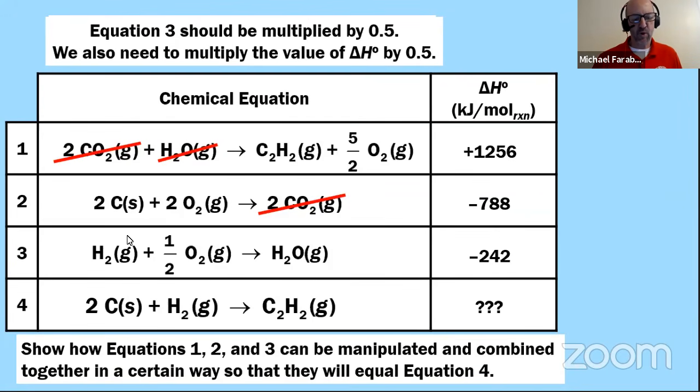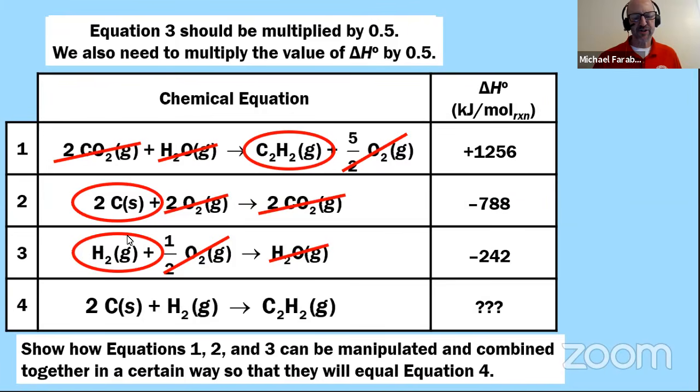I see 1 mole of water and 1 mole of water on opposite sides. I see 2.5, or 5 over 2, moles of oxygen. There's 2 and there's another 1/2. So 2.5 moles of oxygen on opposite sides. But everything else, the 2 moles of carbon, the 1 mole of hydrogen, and the 1 mole of C2H2 acetylene, those are the only chemicals that are left.